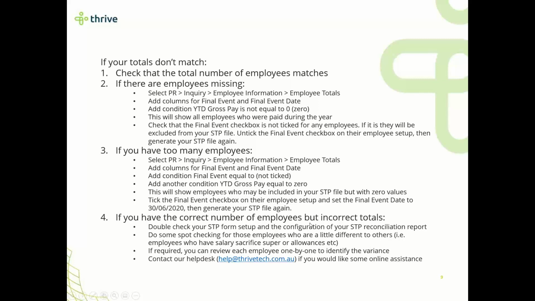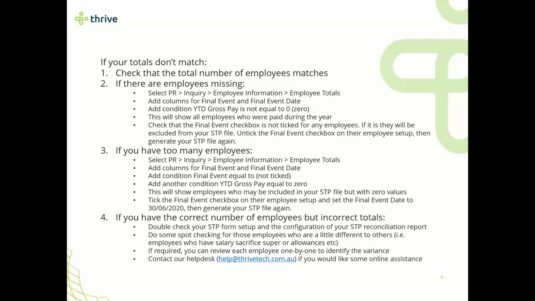All right, so once you've got the right number of employees, but potentially you still have incorrect totals, you just want to double check your form setup and the configuration of your report. Maybe go through your report and have a look at some of the employees, you know, some people with salary sacrifice and allowances and things, and check that all of the pays and things are being reported on the reconciliation report as you expect them to.